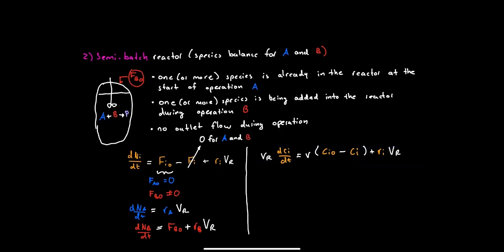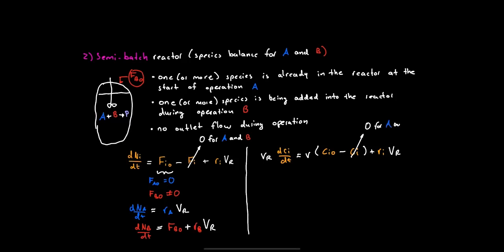Let's take a closer look at the other expression. As I stated before, there's no outlet flow, so the volumetric flow rate times Ci is going to be 0.